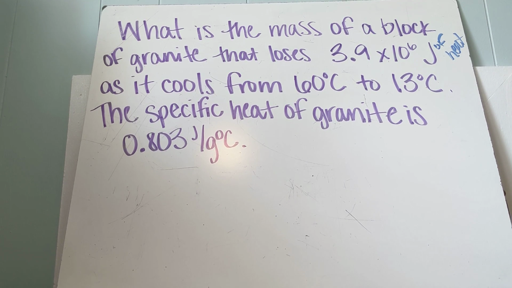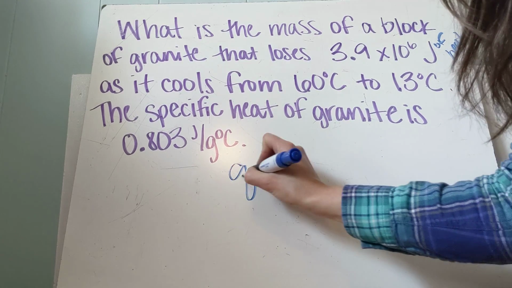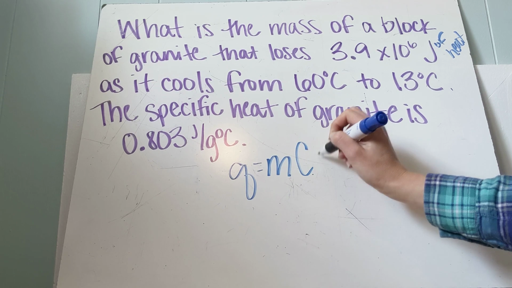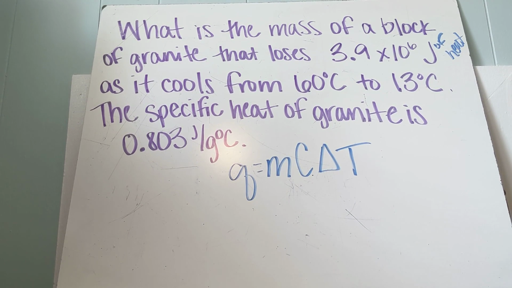So this is going to take me a little bit more room. I'm going to set up our formula on this first whiteboard. We've got Q equals MC delta T. I'm solving for mass.